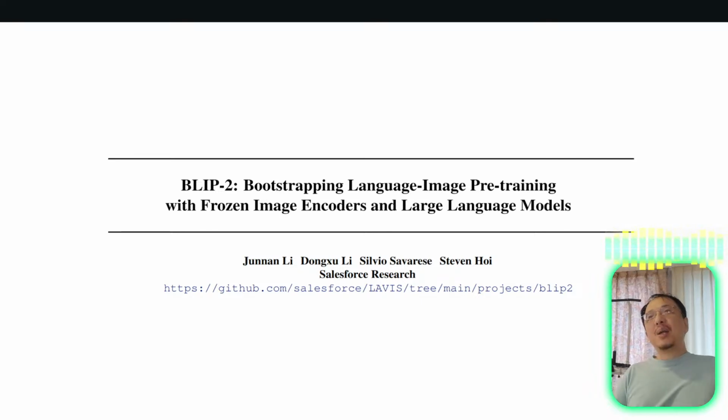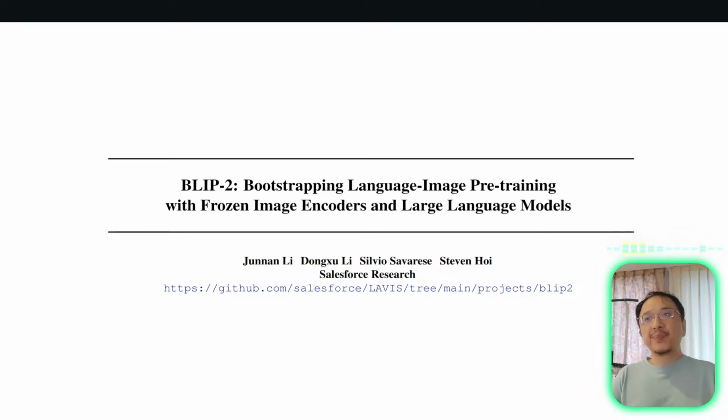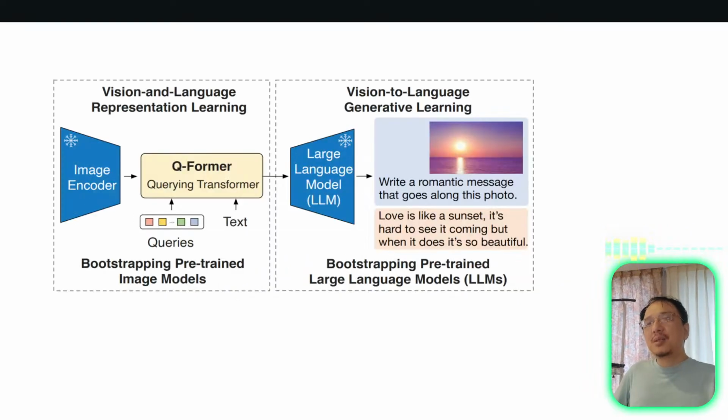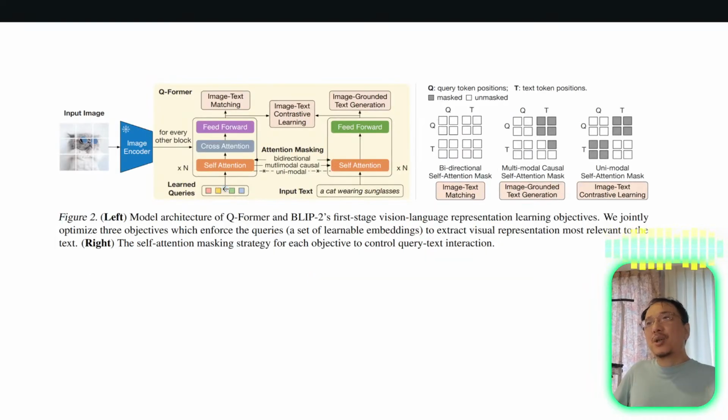And they have BLIP-2, which also comes from Salesforce Research. BLIP-2 is also doing the same thing, but using a Q-Former, a query transformer. So what is a Q-Former?